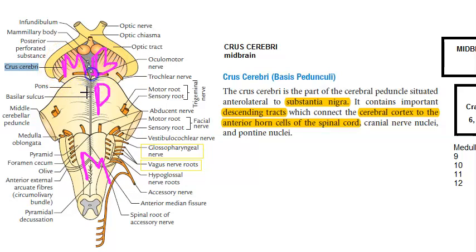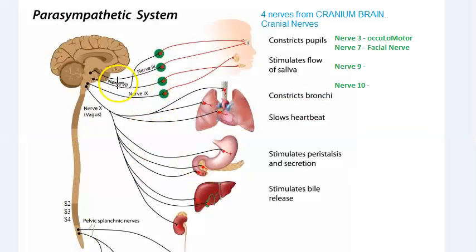So midbrain, pons, medulla oblongata, and from the pons you can see the facial nerve, motor root and sensory root. Motor root and sensory root of facial nerve are coming out of where? Out of the pons.